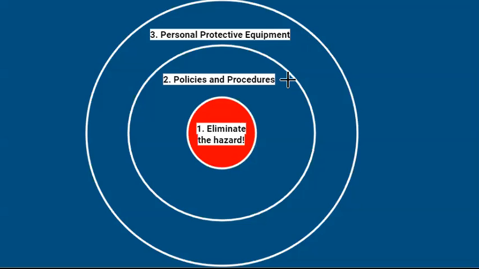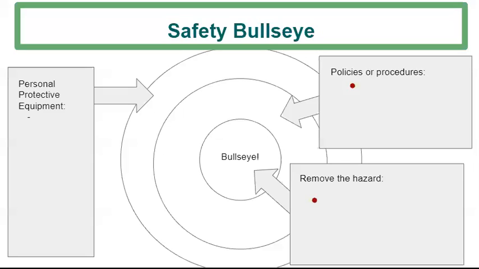Exactly, that's another issue. So now this is another picture of our bullseye here, and we are just going to type into the different rings of our bullseye to apply the brainstorm that we had created before.